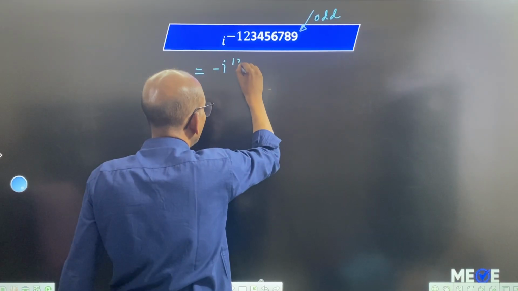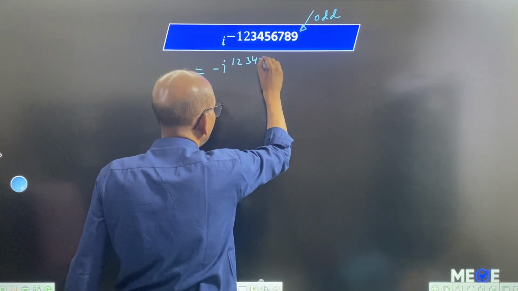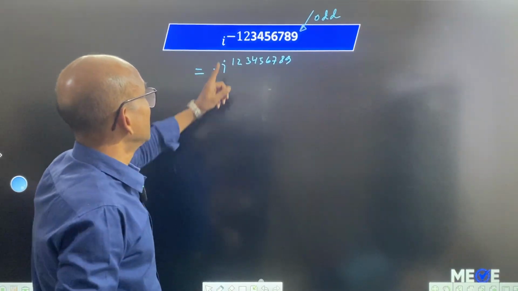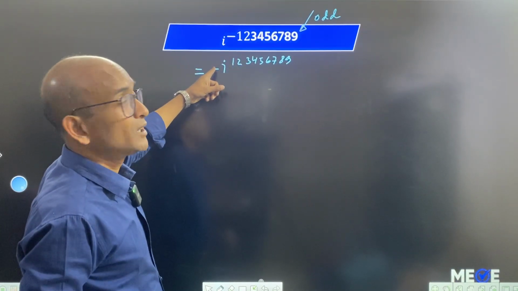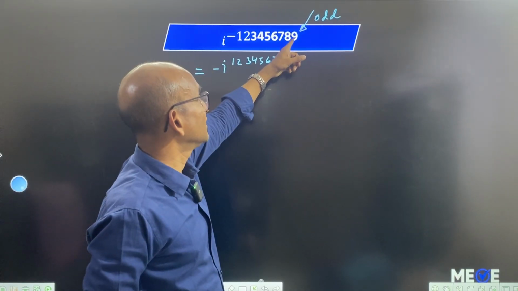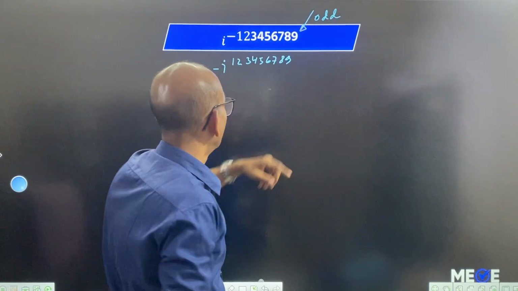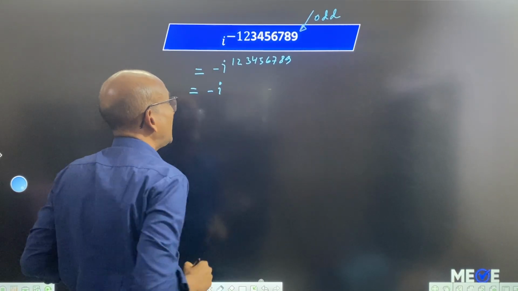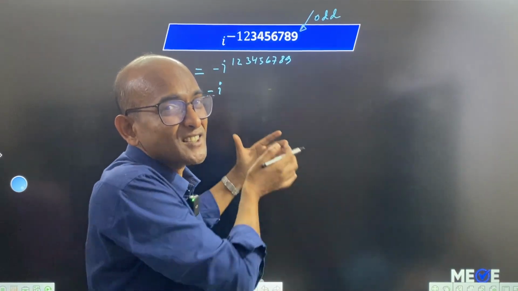So you have 1, 2, 3, 4, 5, 6, 7, 8, 9. I am putting this negative sign in front of that I because the last digit is an odd number. After that, you have to calculate as you have calculated in earlier slides.